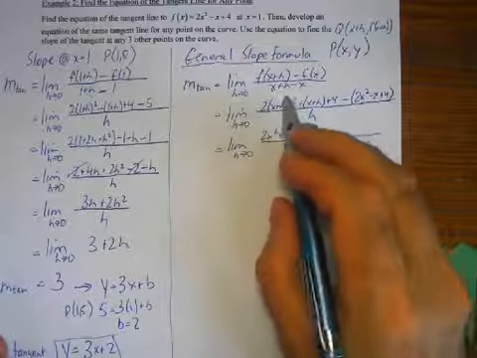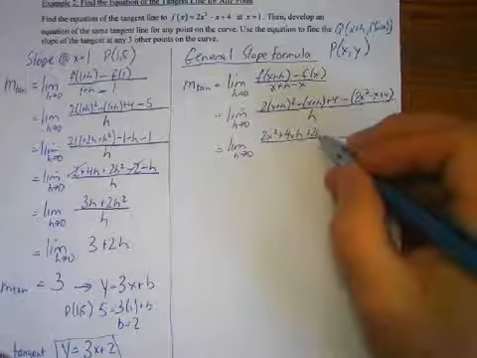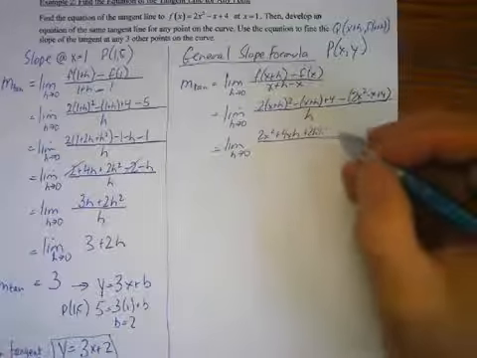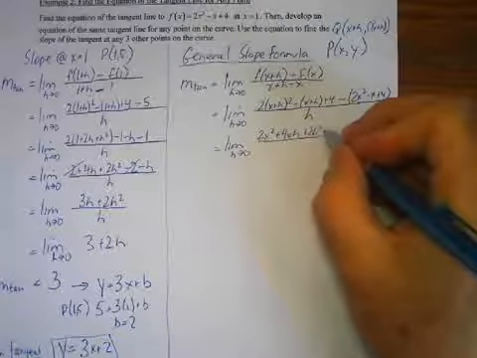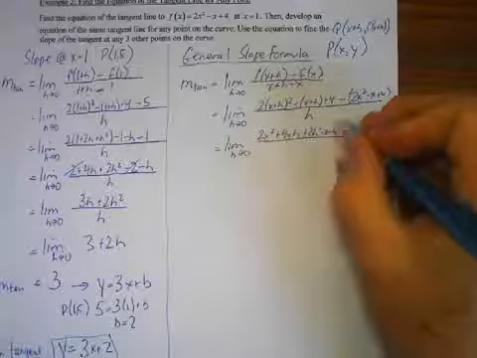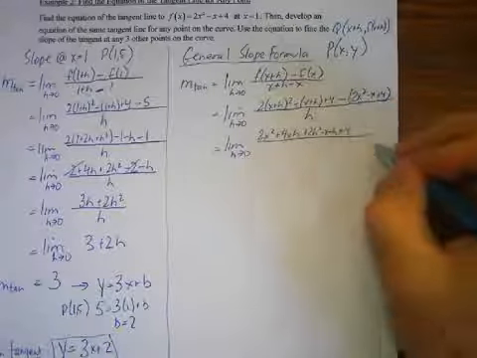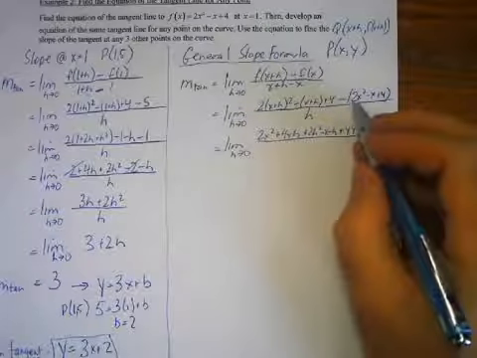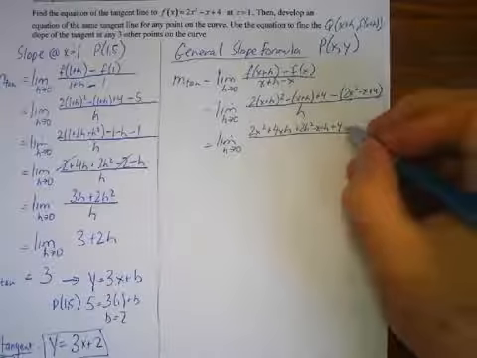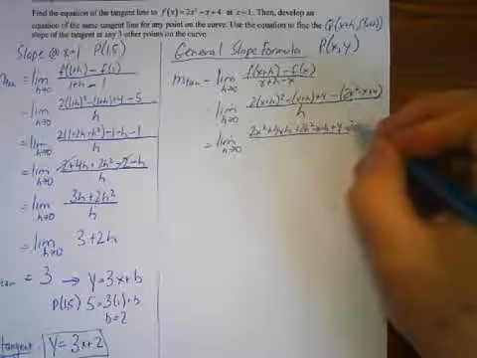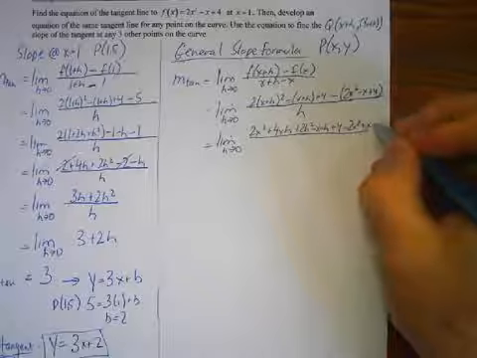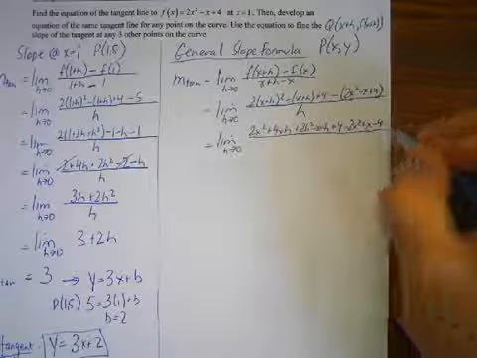And now I have my minus x minus h plus 4. Now this, I have to apply the subtraction to inside the brackets. So minus 2x squared plus x minus 4. Okay, so that's a lot on one line, but a lot of this cancels out.